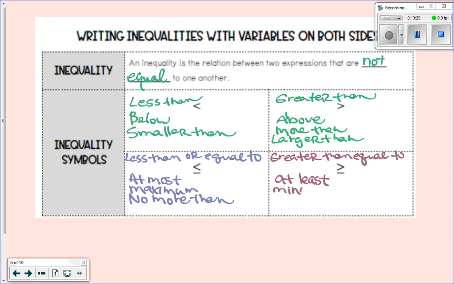Miss Green's going to give you a minimum of $10. That's exciting. Anything else? Is it more than? No, that was less than. No less than. No fewer than, yeah, same thing. No fewer than $10. Good.